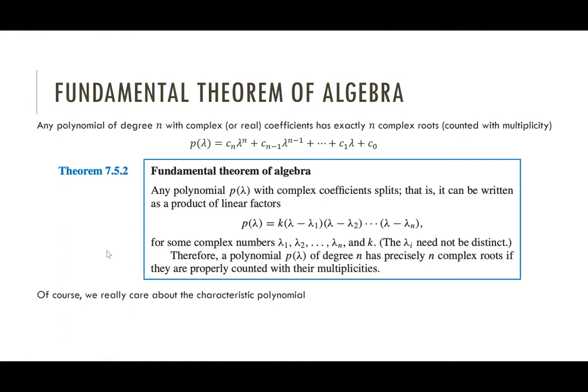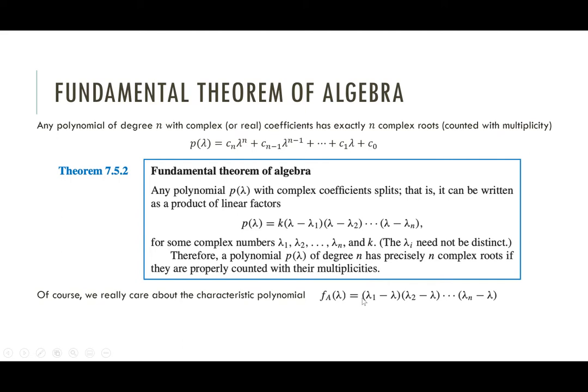And again, as I mentioned before, really what we care about is the characteristic polynomial of a matrix. So let's apply the fundamental theorem of algebra to the characteristic polynomial. This tells us we can write the characteristic polynomial as n linear factors, just like this. And if you're worried, wait a second, up here I've got lambda minus lambda 1, and here I've got lambda 1 minus lambda, and I don't have a k here.